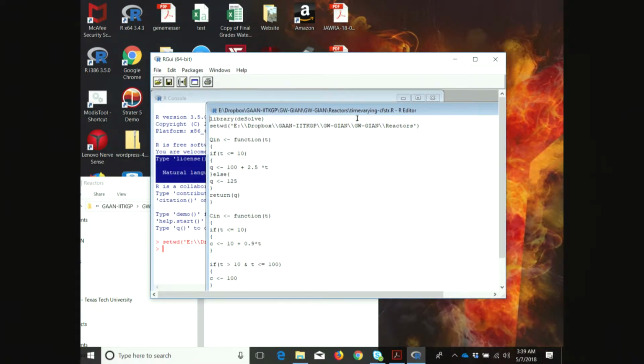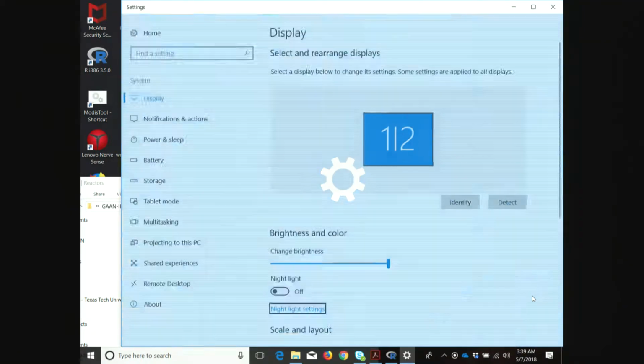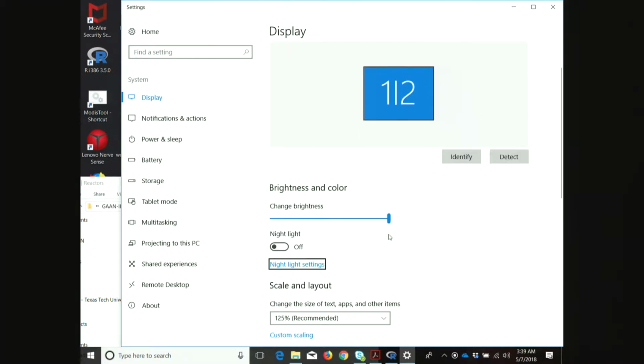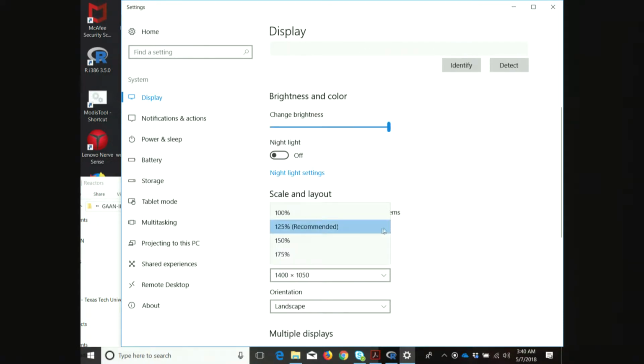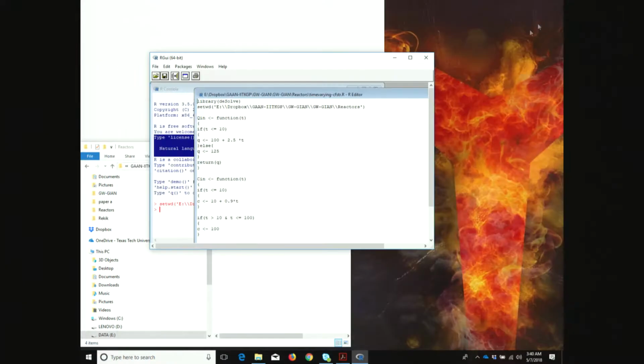It's better if I make it shorter. Which one? Hold on. Click on the screen.